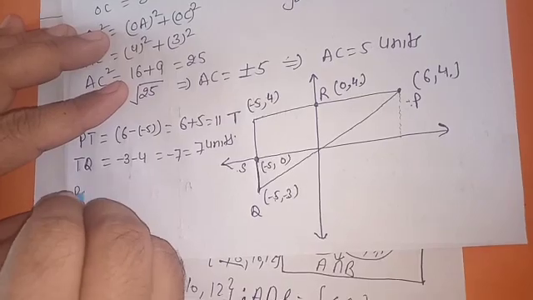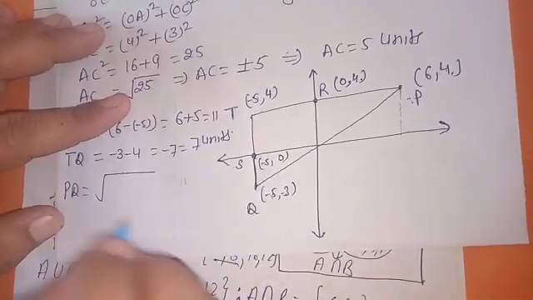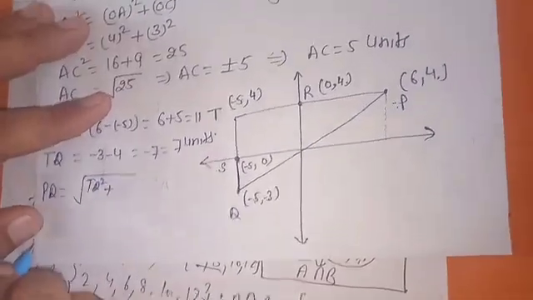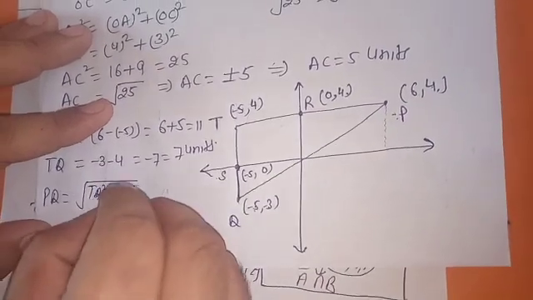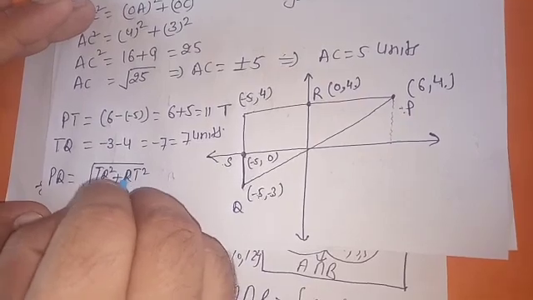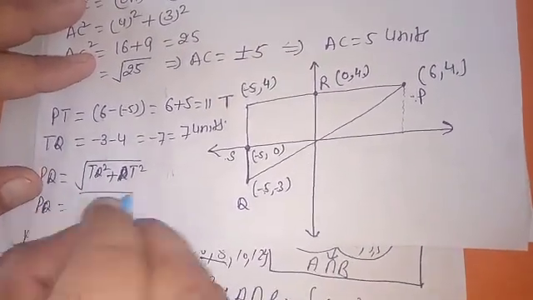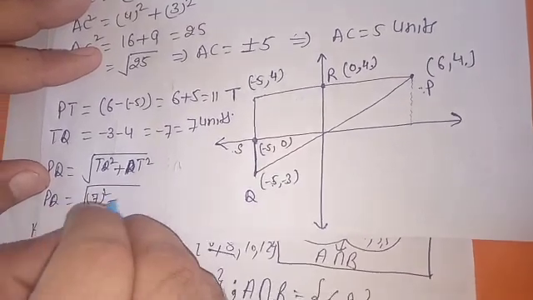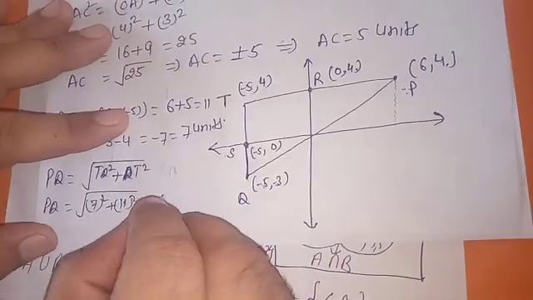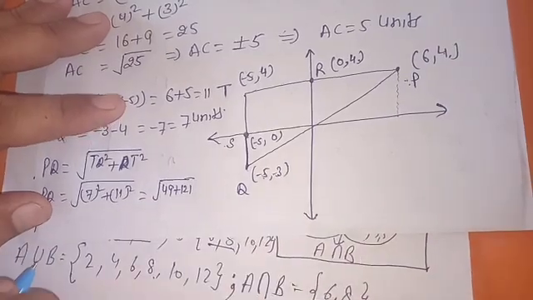So PQ is equal to what? Under the root, TQ square plus RT square, PT, not RT. So PQ is equal to the square root of 7 square plus 11 square, which is equal to 49 plus 121.